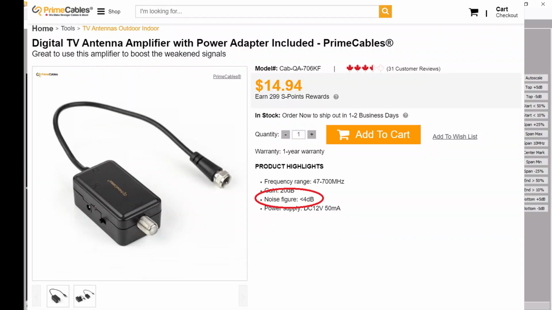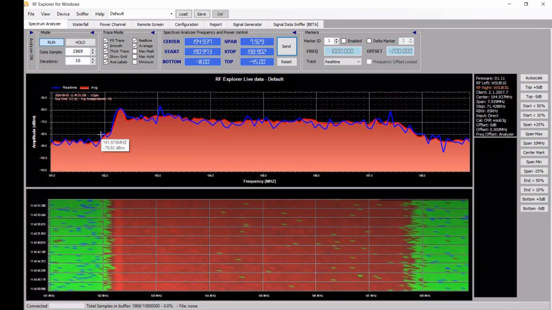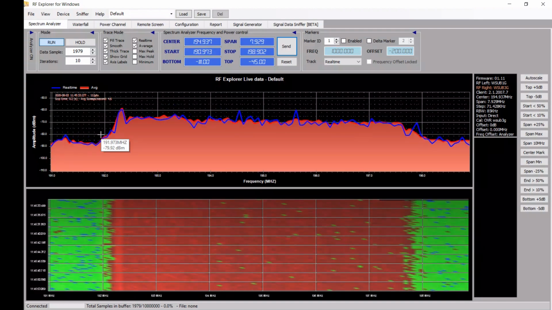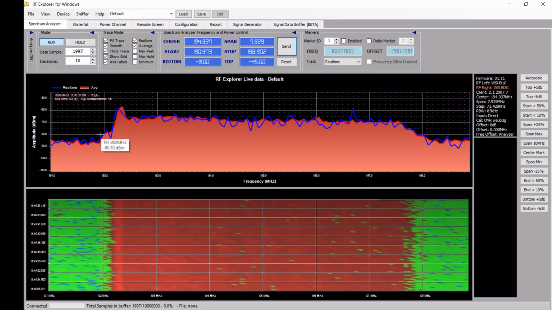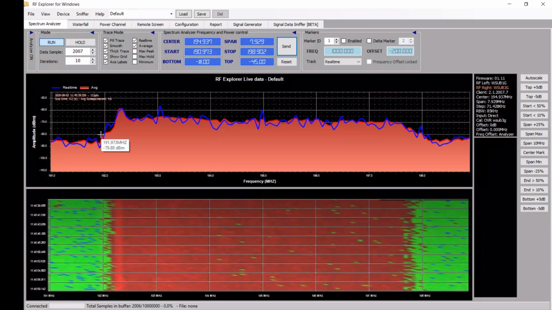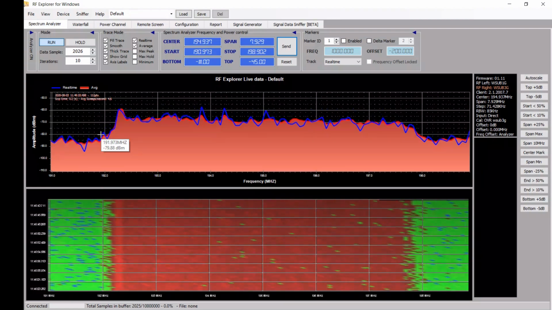And that's exactly what we're seeing here. We're seeing an amplification of about 20 dB, but we're seeing an addition of noise of around 3 dB. So while the signal is hotter, is stronger, the noise is stronger as well, and there's some additional noise. So we've actually degraded the signal to noise ratio.